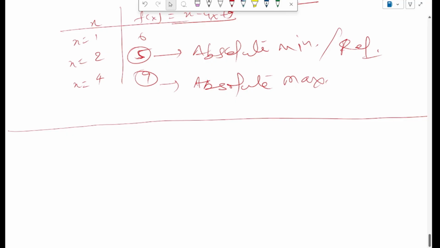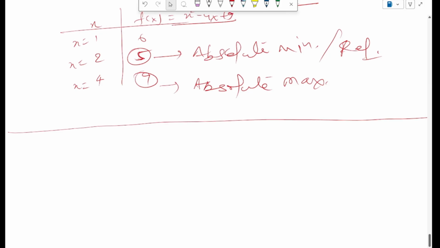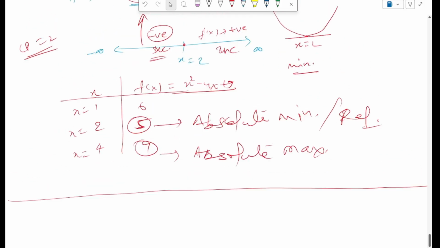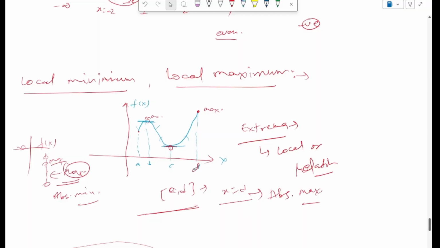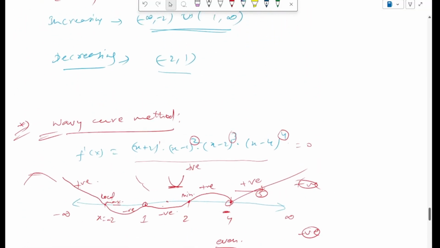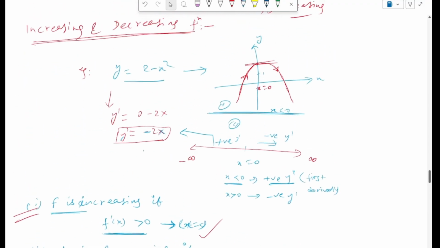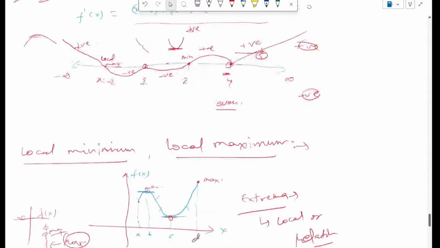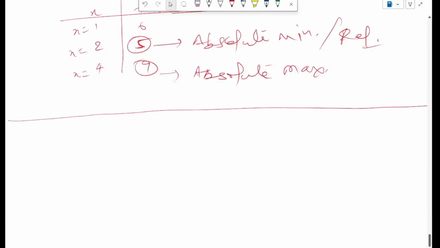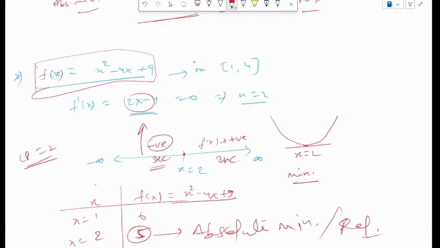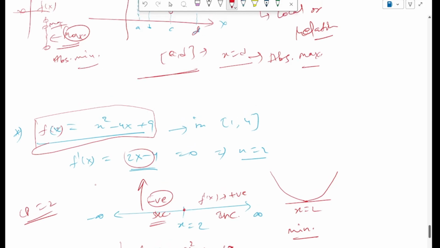In this video this much only, and you guys who are watching this video, please go and practice on maxima minima and all these things. In the next video we are going to see the double derivative test, so that we don't even have to plot this number line and put these values.